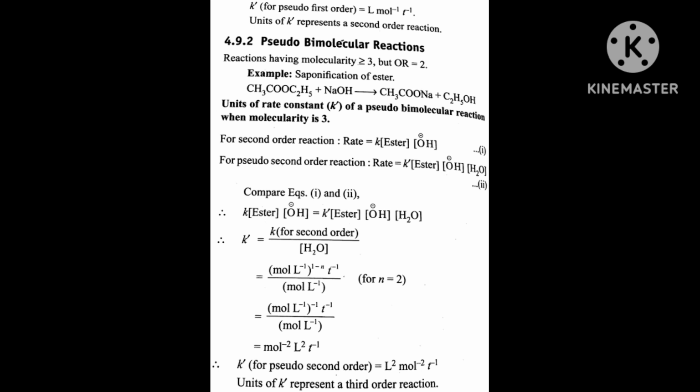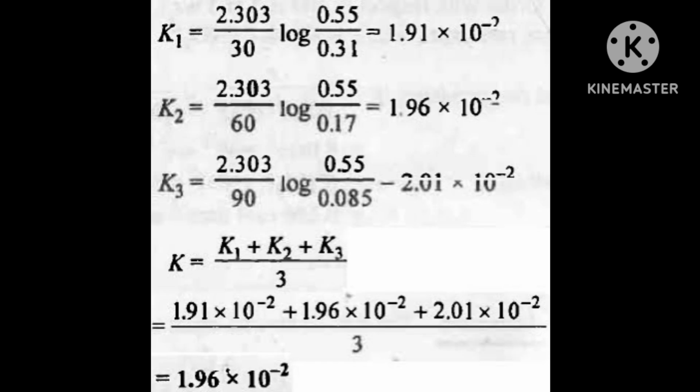Then you have to make three columns. The first column is for time, the second column for concentration, and the third column for the K value per minute that you calculate. Three columns: first for time, second for concentration, third for K value.